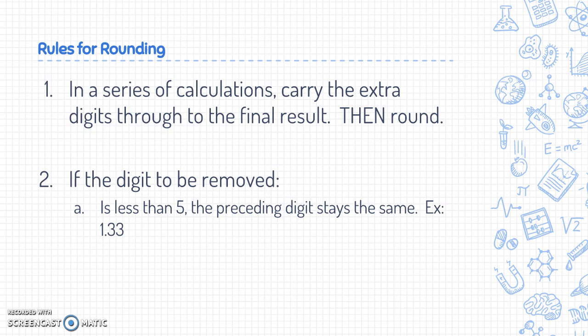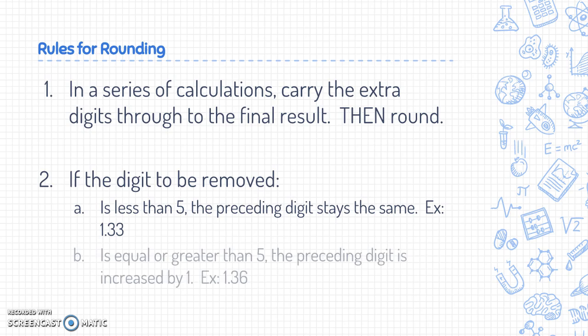For example, if I was going to round 1.33 to 2 sig figs, I would round it to 1.3. If it's equal or greater than 5, then the preceding digit is increased by 1. So for example, if we were rounding 1.36 to 2 sig figs, it would be 1.4.